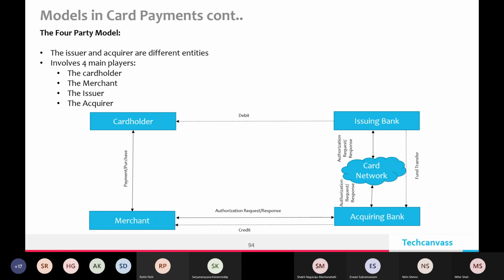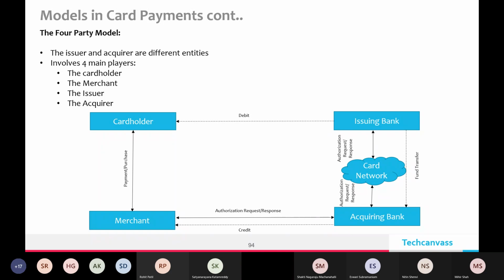So they calculate how many milliseconds it takes to go from the card network to the acquiring bank for data verification, how many milliseconds for the information to come back to the card network, and how much time it takes again from the card network to the issuing bank. They keep fine tuning their system, because trillions of transactions are coming and they have to respond quickly.